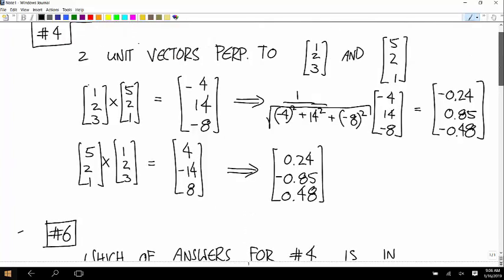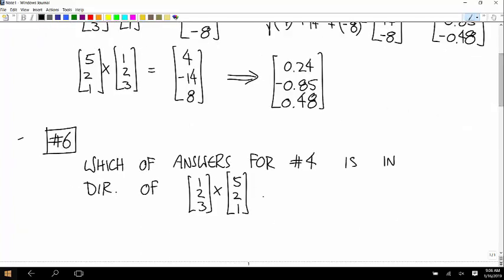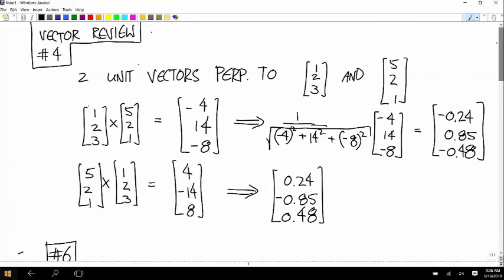And the answer is this one, the first one that I did. And then number 7 asks which is the one in the direction of 5, 2, 1 crossed with 1, 2, 3. And that's this second one.